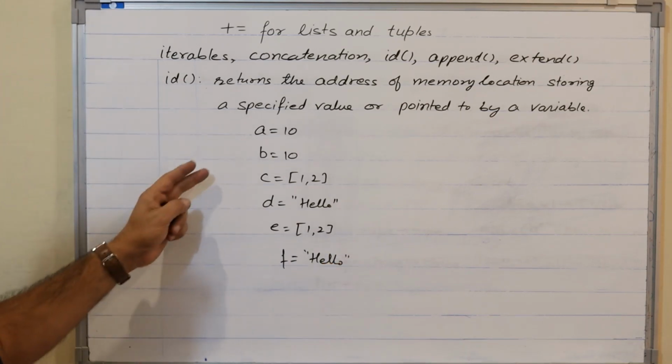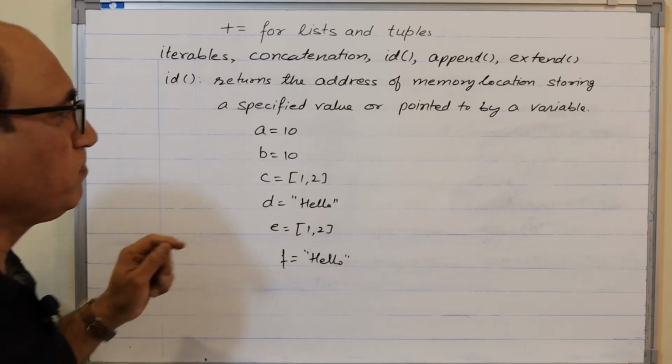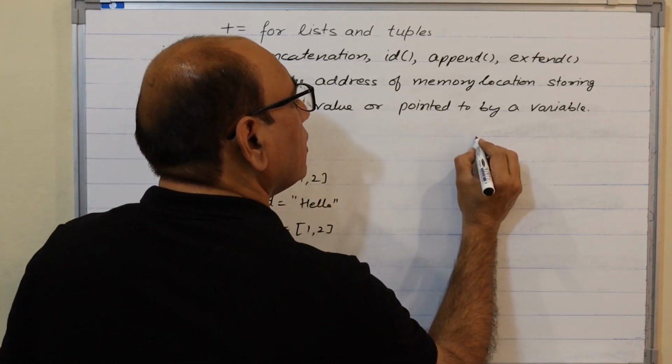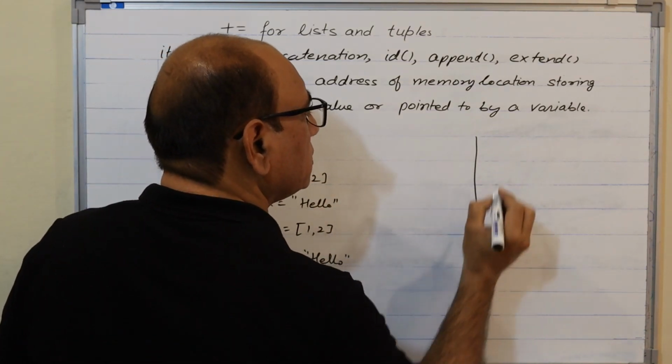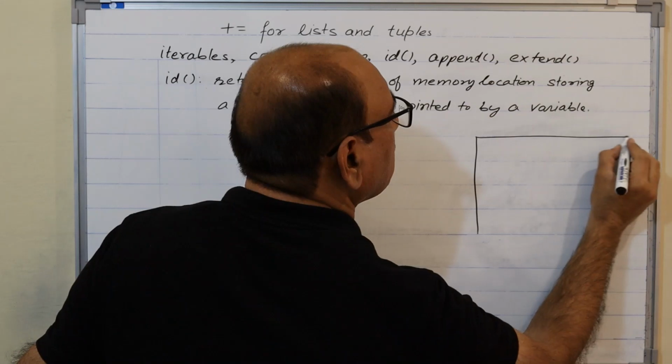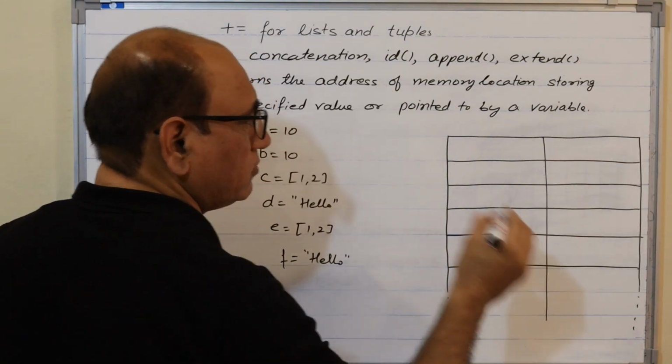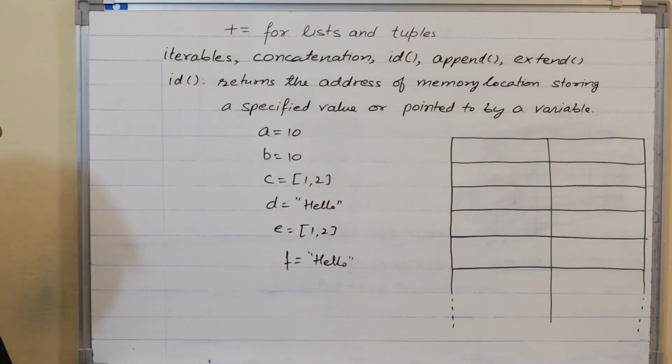Now let us see how Python stores these values in memory. Suppose this is computer's memory. Now what I am going to explain is not exactly how the things happen, but it will give you a fair idea of how the values are stored in computer's memory and it will help you to understand the id function better.